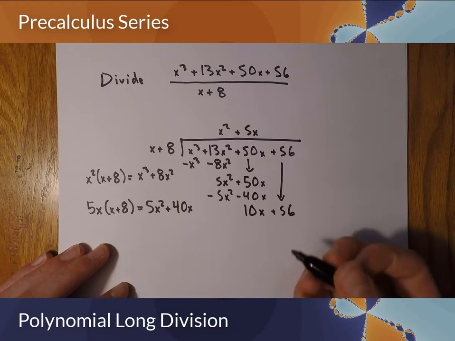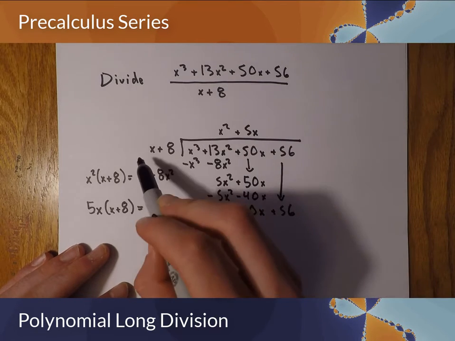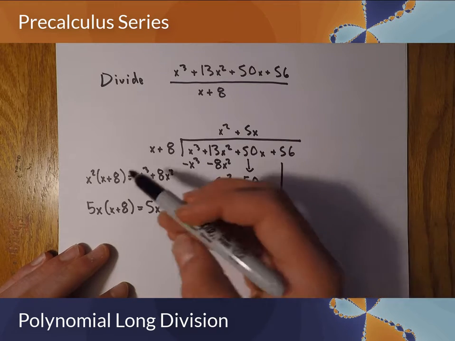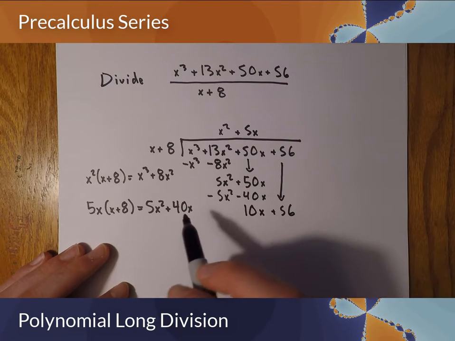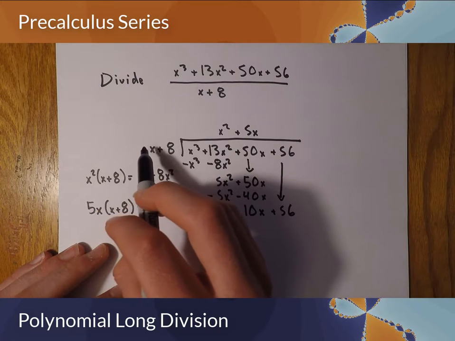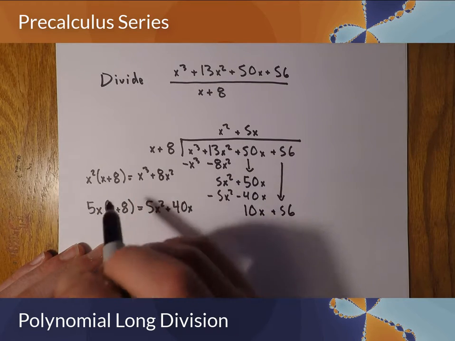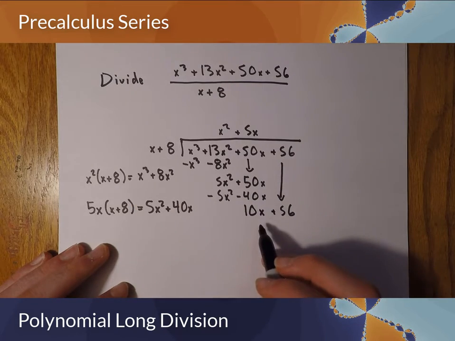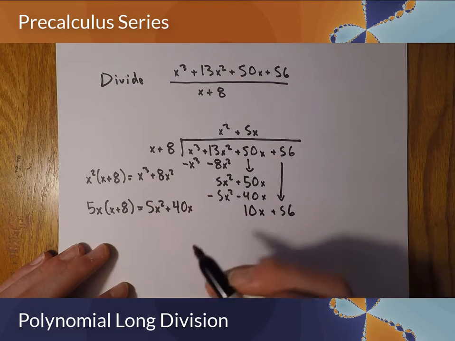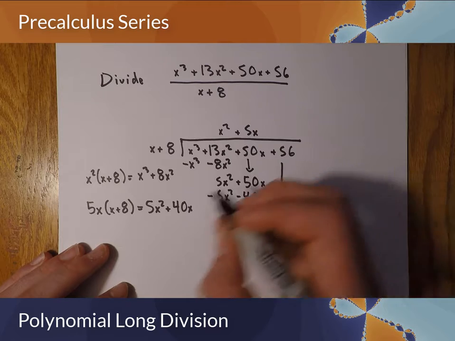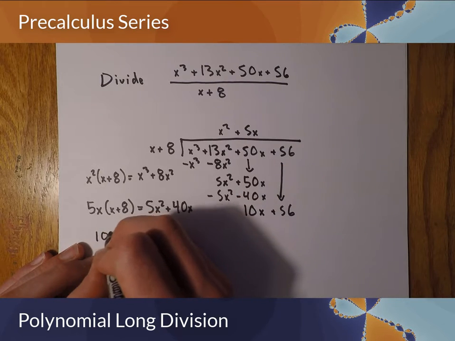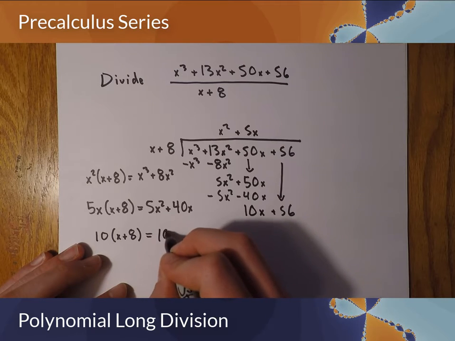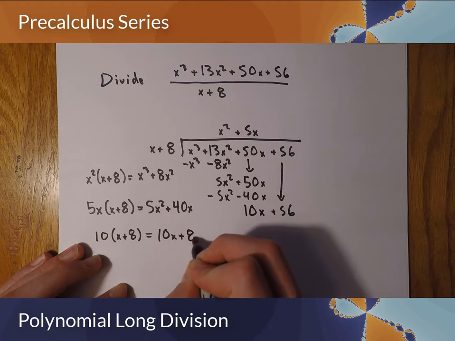So now what we want to do is see how many times x plus 8 fits into 10x plus 56. And we might not be able to cancel this whole term out, so we want to see at least how many times the first term of x plus 8 fits into the first term of 10x plus 56. And 10x is 10 times larger than x, so we're going to multiply this by a factor of 10, so we have 10 times x plus 8, and that equals 10x plus 80.